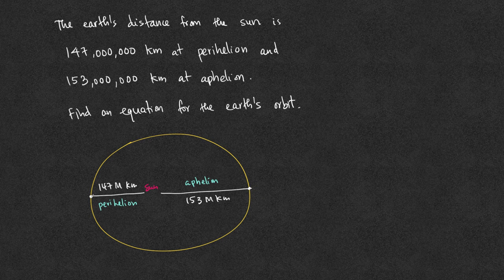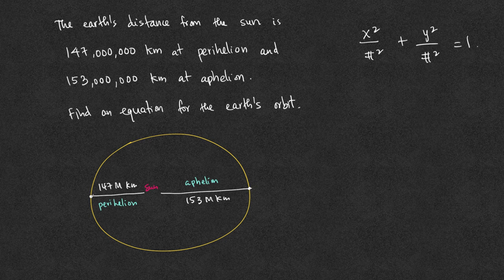We know that the orbit of the Earth around the Sun is an ellipse, and so it has the equation x squared over a number squared plus y squared over a number squared equals 1.